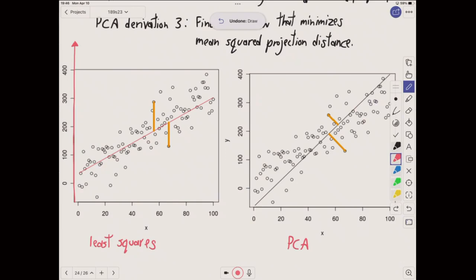On the right-hand side, when we do PCA, there is no special label direction. All the different features are treated equally. So instead, we look at the distance from each point to the subspace itself in d-dimensional feature space. And we try to minimize the sum of the squares of those lengths. And that's pretty much the only difference between least squares and PCA, except that they lead to very different algorithms. PCA needs eigenvalues and eigenvectors, and least squares does not.